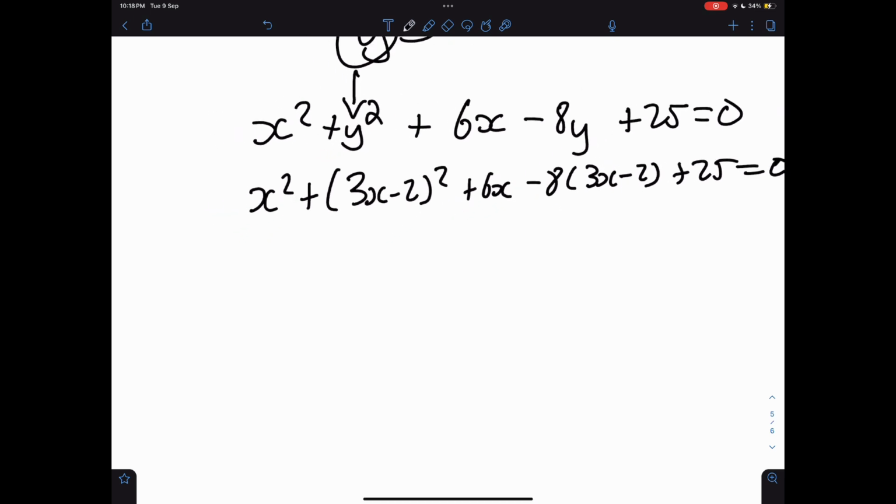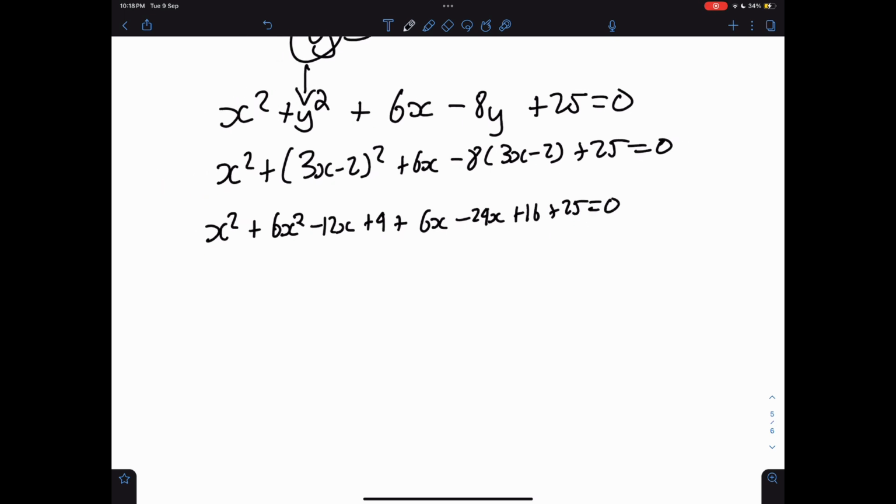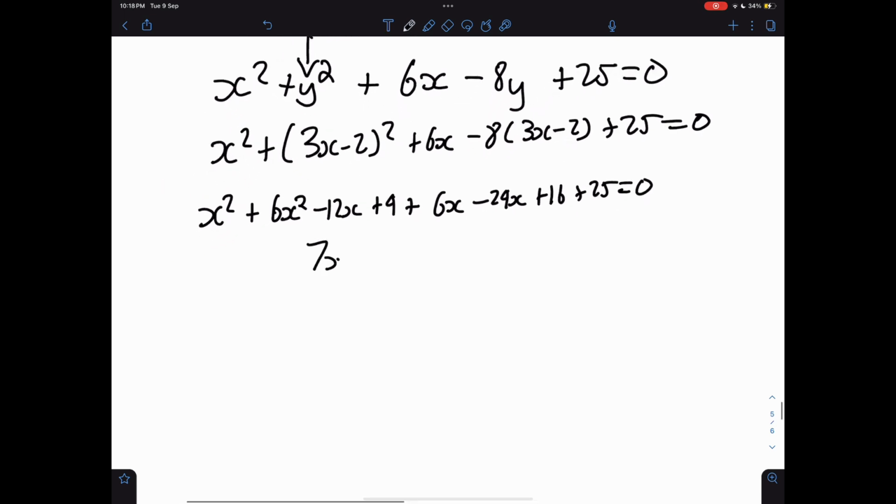And then if we expand this, that becomes x squared plus 9x squared minus 12x plus 4 plus 6x minus 24x plus 16 plus 25 equals 0. So that would be 10x squared, minus 30x, 4 plus 16 plus 25 is plus 45 equals 0.